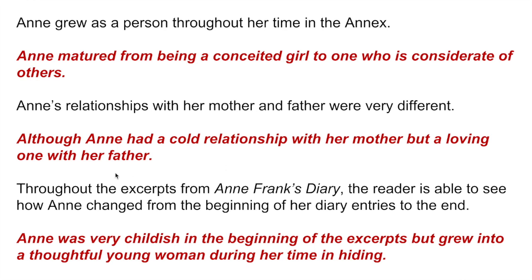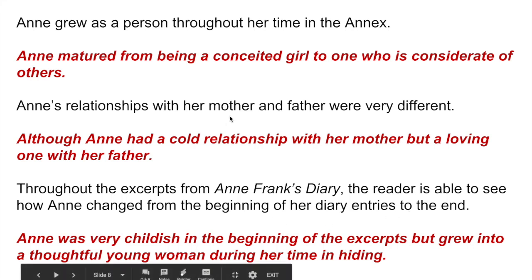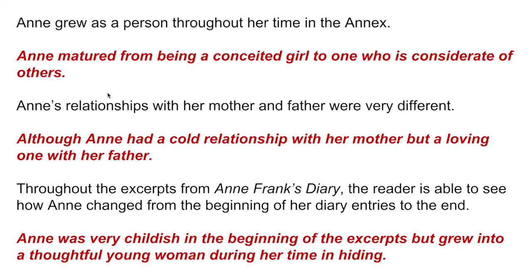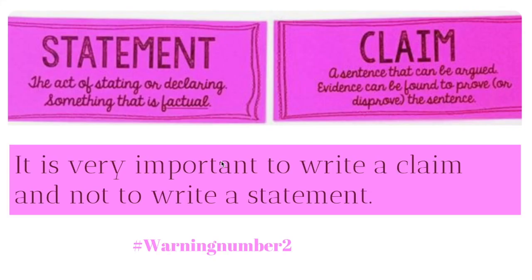So scratch that. 3, throughout the excerpts from Anne Frank's diary, the reader is able to see how Anne changed from the beginning of her diary entries to the end. I added, Anne was very childish in the beginning of the excerpts, but grew into a thoughtful young woman during her time in hiding. The first and the third are provable statements. The second, throw away. Sorry.